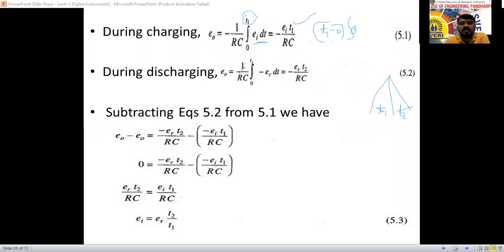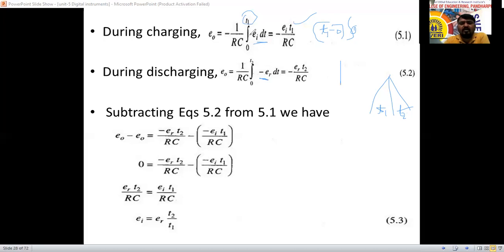Similarly, for the discharging, the negative supply is already given. So for the discharging, it will come as plus, since initially the value will be positive only here: 1 by RC, 0 into T2. The minus reference value we are giving here, that is minus ER.